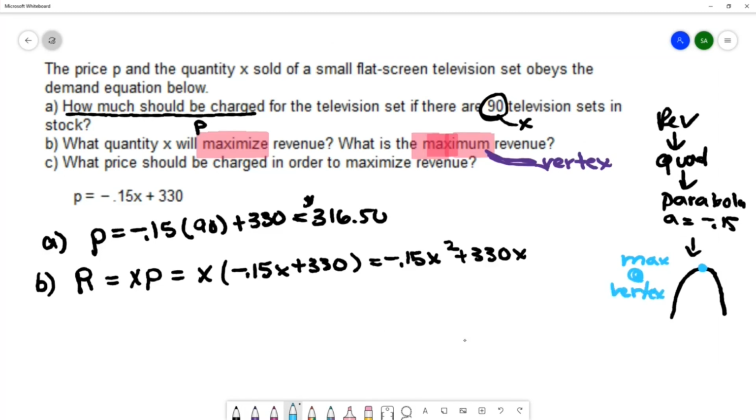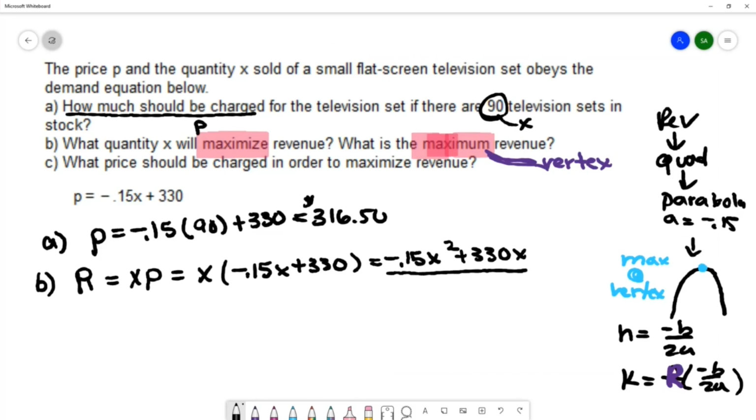Now we do have a formula for the vertex: h is negative b over 2a, and k is f of negative b over 2a. In this example, we're not going to use f, we're going to use r for revenue, because we're dealing with the revenue function. So we need to find the vertex of our quadratic here.